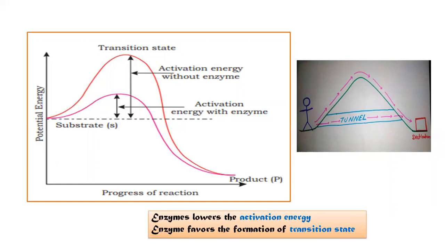But if there is a tunnel through that hill, he will require less energy. The same role is carried out by the enzyme, like the tunnel. It lowers the activation energy in the reaction.